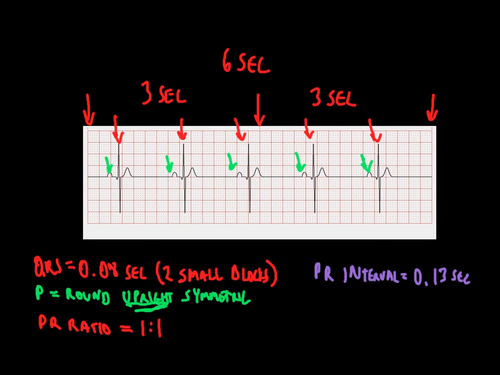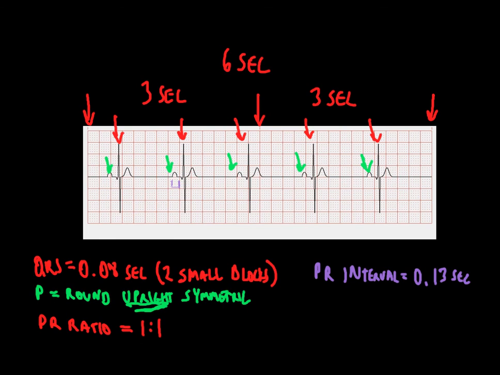Let me go ahead and mark off on this. And we'll pick on this one just because it happens to be there. So if I go from here, remember I'm going from the beginning of the P wave to the beginning of the Q wave in this case. So this thing right there is my PR interval, and I guess just kind of help clarify that.